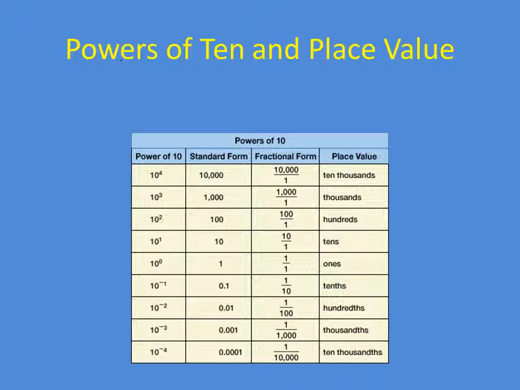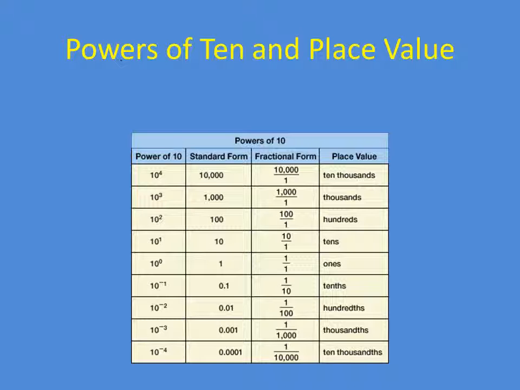If we move back over to the left of the table where we have 10 to the negative first power, this is where we first have our decimals. So basically, the tenths place, I have one digit behind the decimal, as it shows right here. That's equivalent to 1/10 as a fraction.